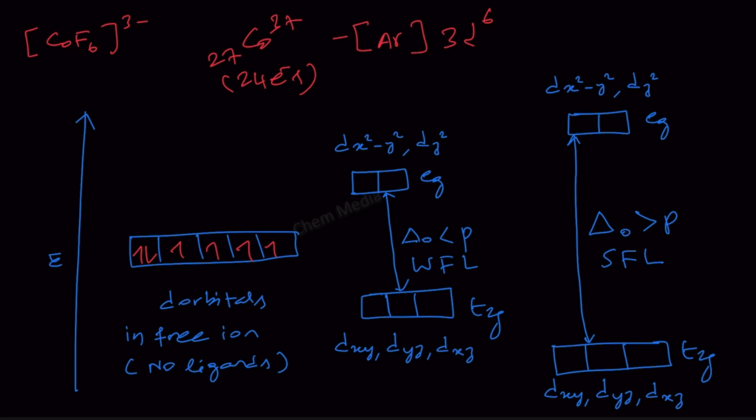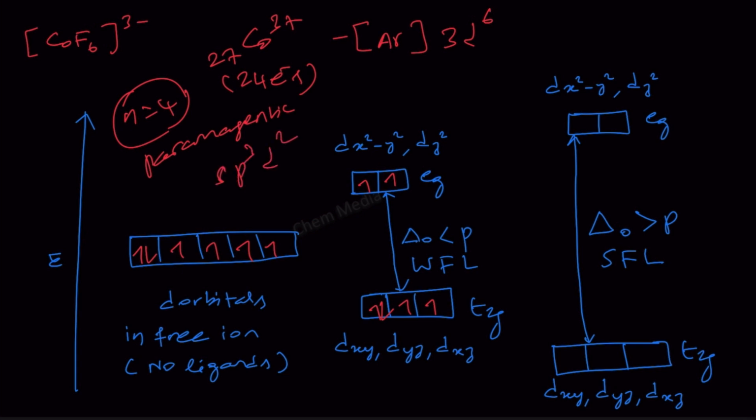Fluorine is a weak field ligand, and therefore 1, 2, 3, 4, 5, 6. We have 4 unpaired electrons. It is paramagnetic, but what would be the hybridization? Hybridization in this case will be once again sp3d2, and therefore we shouldn't count this.